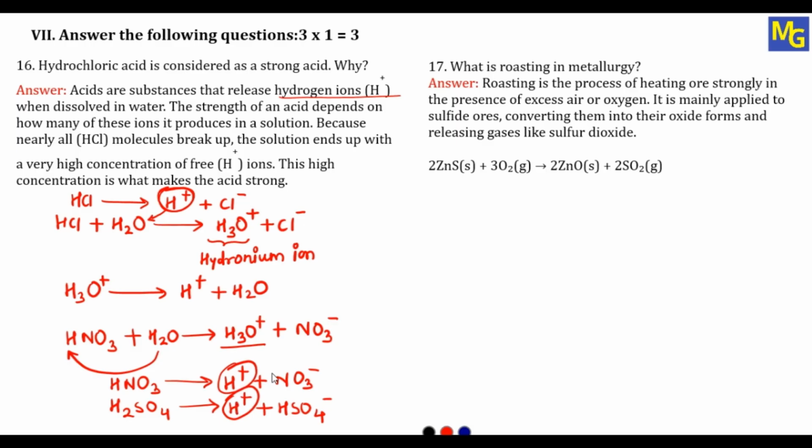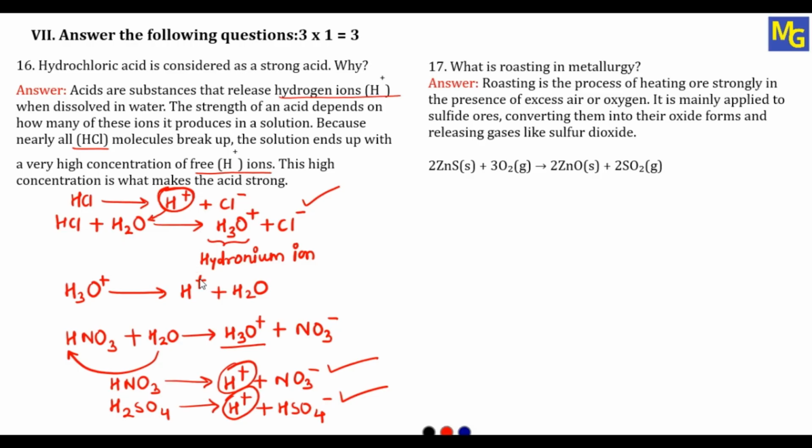Then how are you going to understand which acid is stronger? Remember, once you put these acids in water, all the molecules of the acid should split to give more and more H plus. And our acid asked in the question, HCl, has the capacity to split all HCl molecules into free H plus ions.